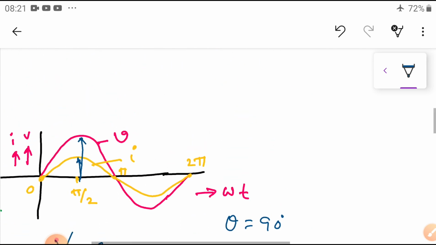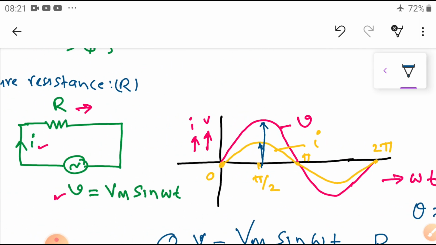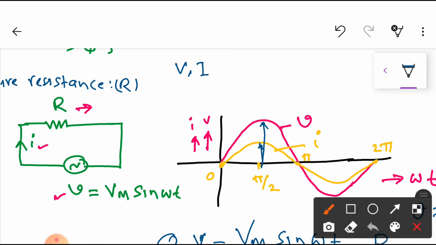The relation between voltage and current: both are in phase, starting and ending together. And the phase angle between voltage and current: P is equal to V into I into cos phi. Its angle is 0, so it becomes V into I.